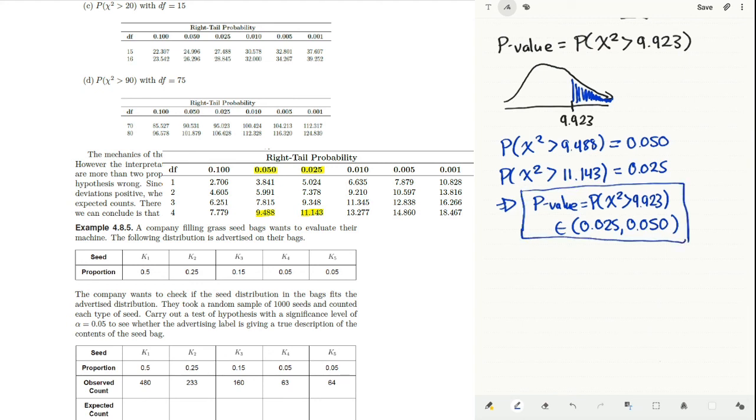Now that we have our p-value, we can compare this to our significance level. The alpha level is 5%, and we found that the p-value is between 0.025 and 0.05. Since the p-value is smaller than alpha, which is 0.05, we reject the null hypothesis.